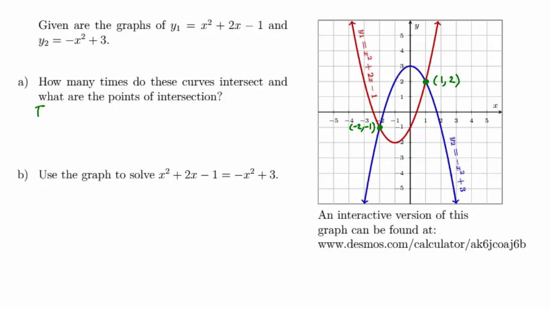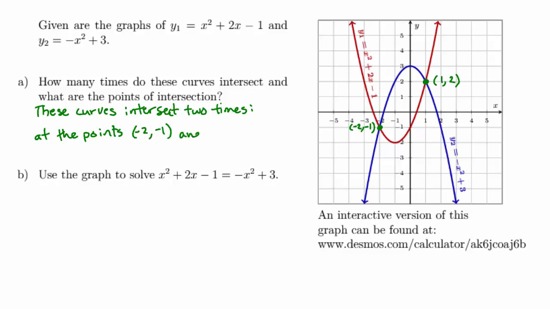These curves intersect 2 times, at the points (negative 2, negative 1) and (1, 2).